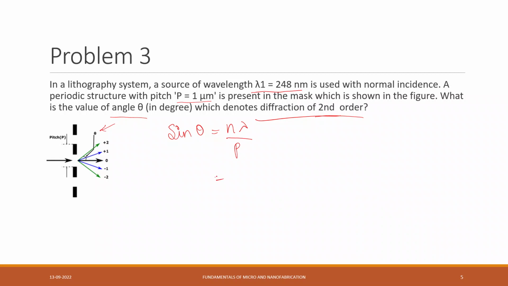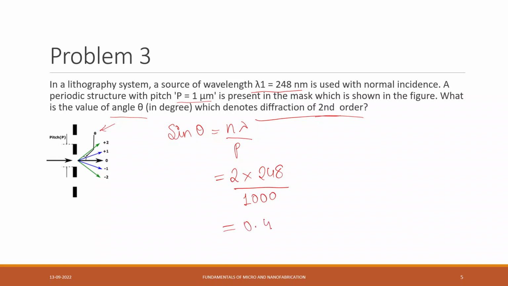So we put n as 2, lambda is 248, and 1 micron converted is 1000.